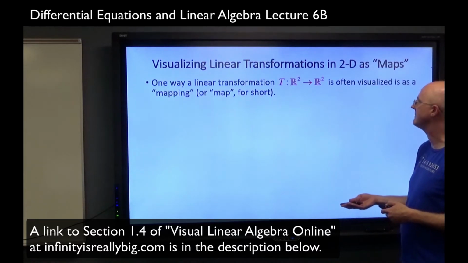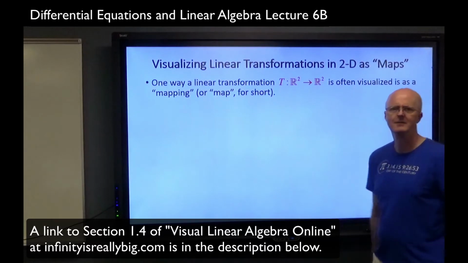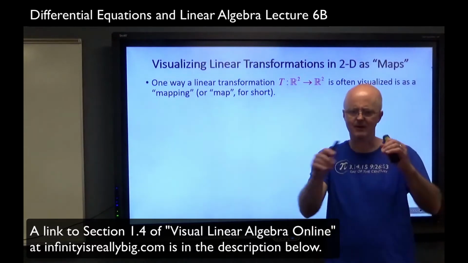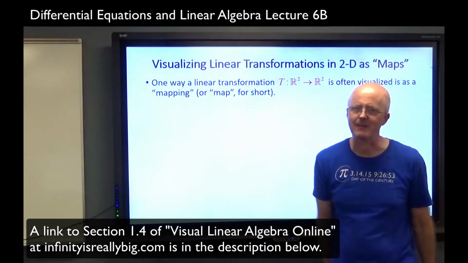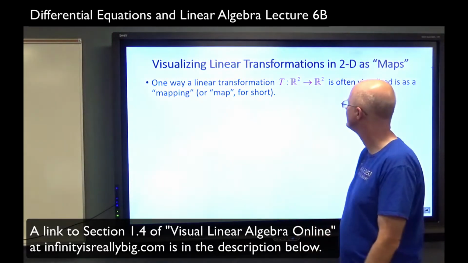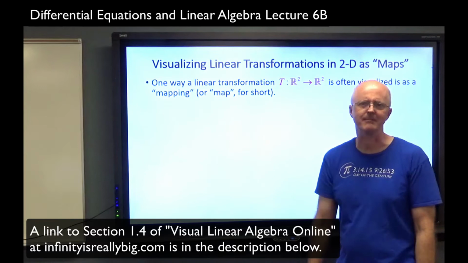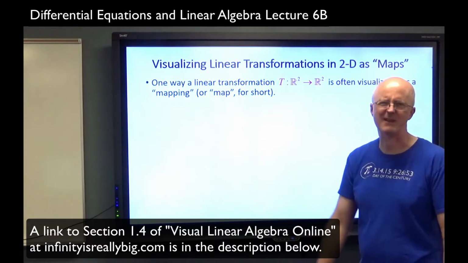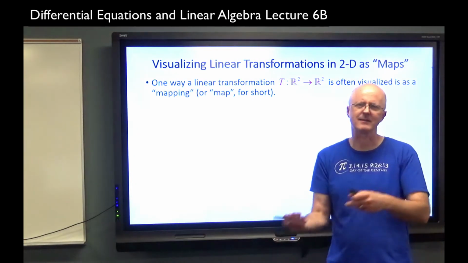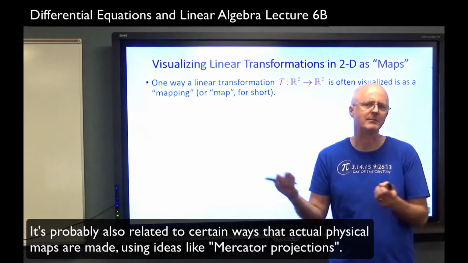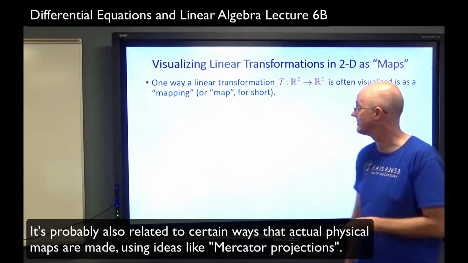Mapping is the official name, map for short. Not the usual kind of map. Here's the United States, here's Minnesota, here's New Jersey. Not that kind of map. A transformation as a map. Why are we using the word map? I think essentially it's because the kind of pictures that we make are sometimes reminiscent of physical maps.